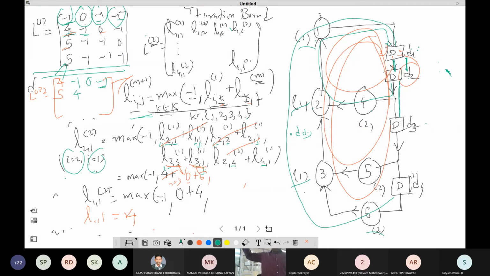This is 4. This is -1. This is 0. This is 5. This is 5. -1, -1. -1, 5, -1, -1. So this is my L2 matrix. If you are not getting any of these element values, let me know. I request you to try it out.